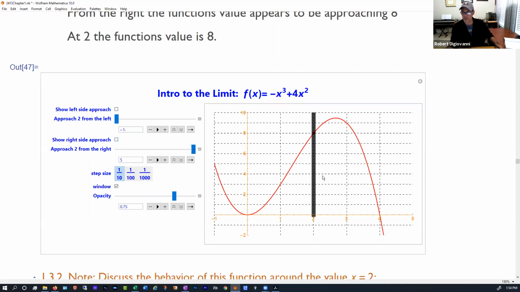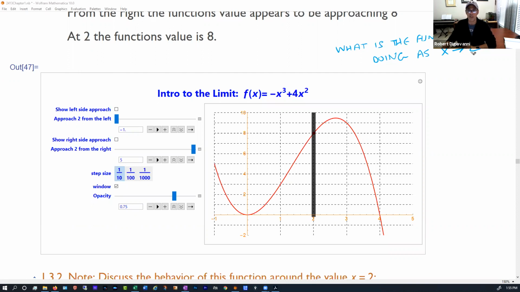So the way you think about that is if you were a person walking on this graph. What is the function doing as x gets close to 2? Okay, so that's why I'm going to write that, x with an arrow to 2.